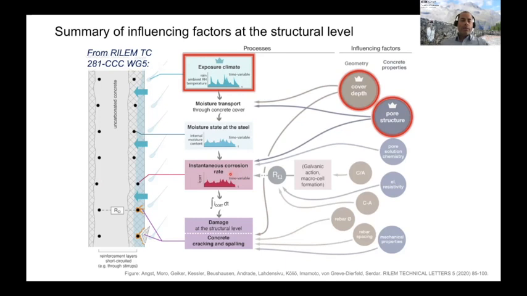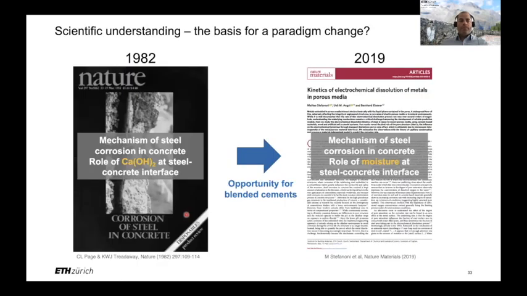So whenever we have a high moisture content at the steel-concrete interface, we can get high instantaneous corrosion rates, but if that only occurs very rarely or during very limited time, it will not create much damage. So the integration of the instantaneous corrosion rate over time is relevant for the damage, or the cracking and spalling, that will occur at the structural level.